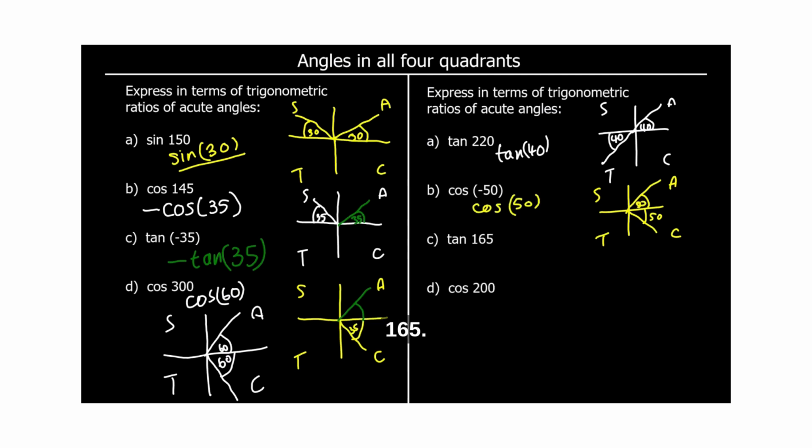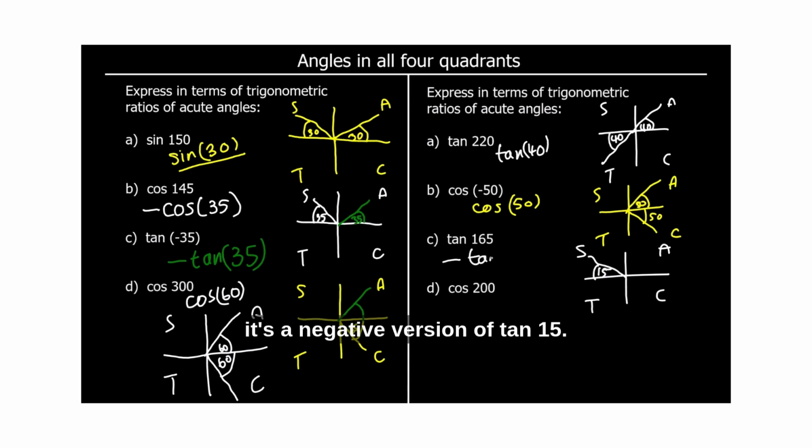Tan 165. So that's around there. 15 away from 180. So the acute angle is 15. Tan is negative. So it's a negative version of tan 15.